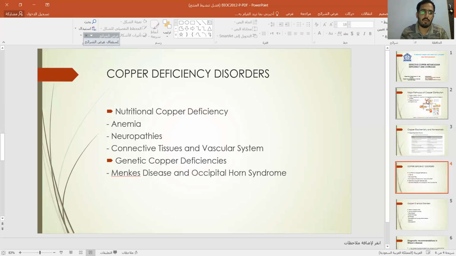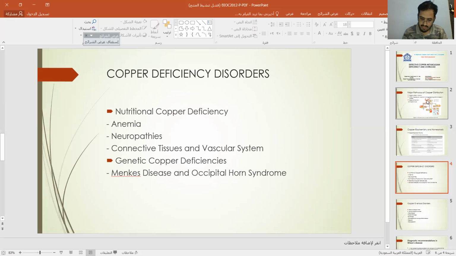Deficiency causes anemia and neuropathies, connective tissue and vascular system problems. Genetic copper deficiency includes Menkes disease and occipital horn syndrome.